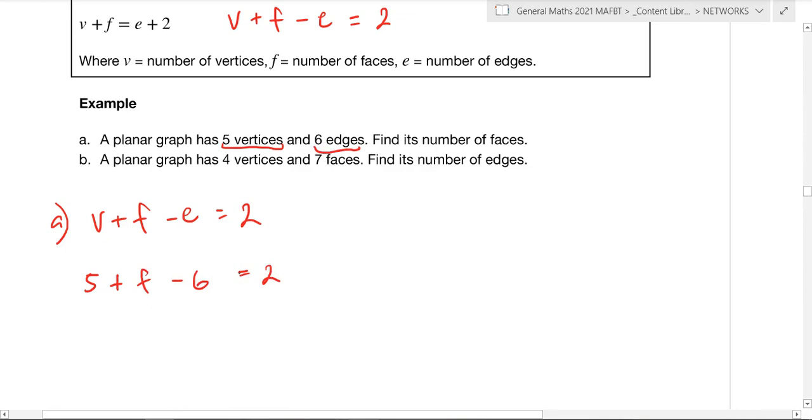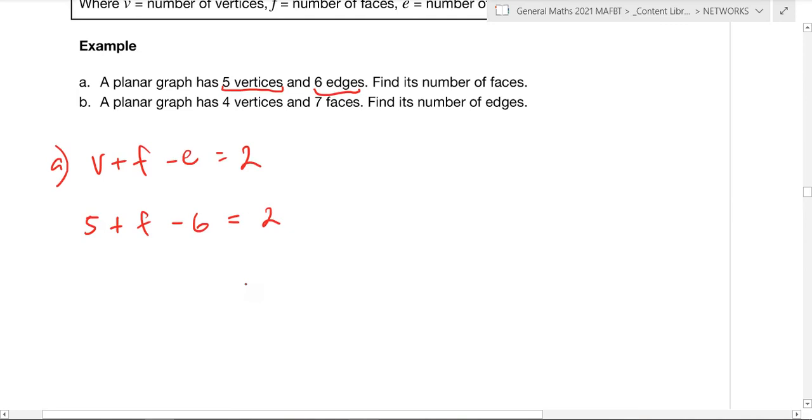Find F. All you're doing is figuring out what F is, using inverse operations to find F, which is the unknown. I'll make this blue so you guys are happy. Let's put the like terms together. 5 minus 6 equals negative 1. You've got the plus F left over, equals 2.